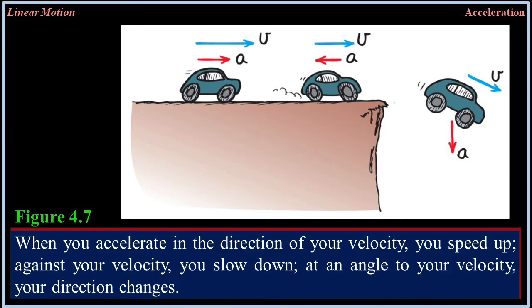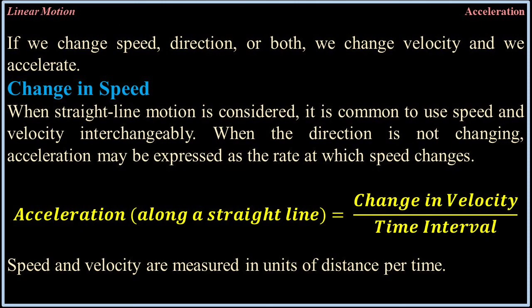Against your velocity, you slow down. At an angle to your velocity, your direction changes. Study this very carefully, very key. If we change speed, direction, or both, we change velocity and we accelerate.